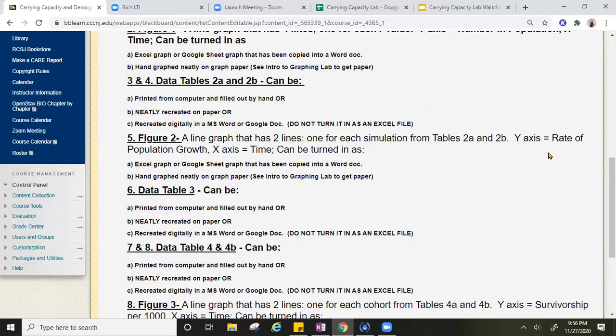No matter if you're using Google Sheets or Microsoft Excel, the rate of population growth should be on the y-axis, time should be on the x-axis, and you should have data for death rate of 0.1 and death rate of 0.5. Okay, so you can do that also by hand, but you should be using graphing paper.